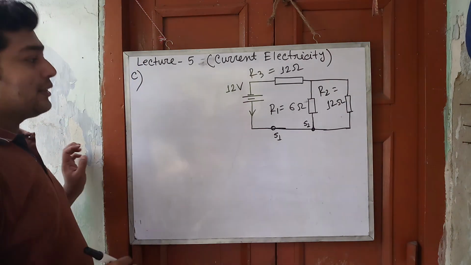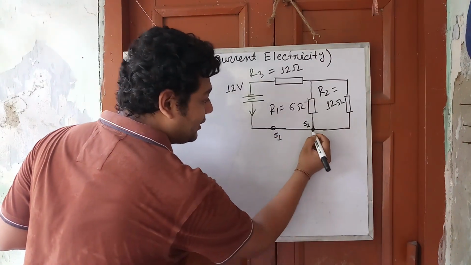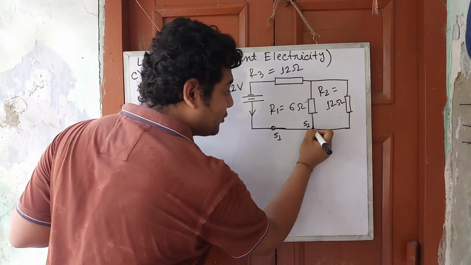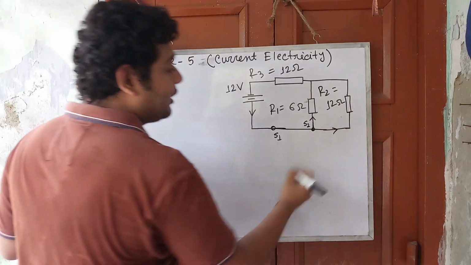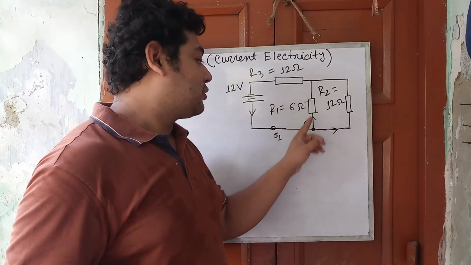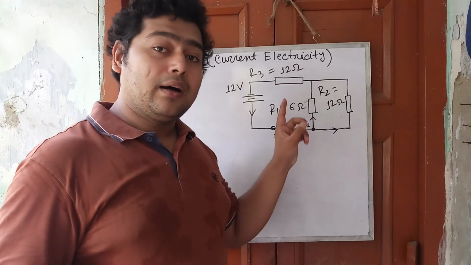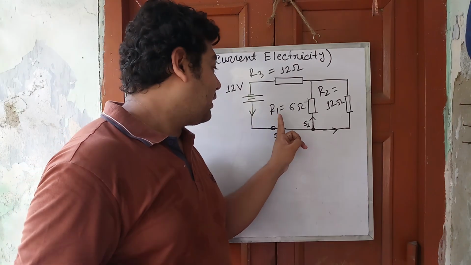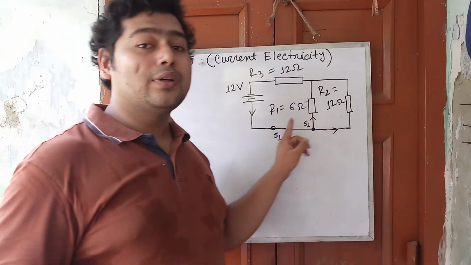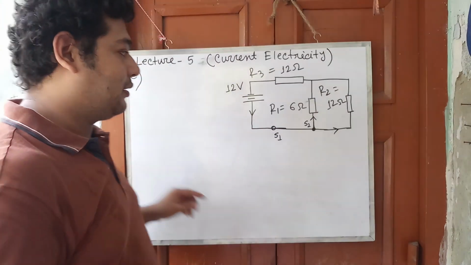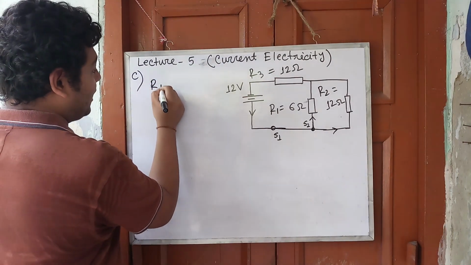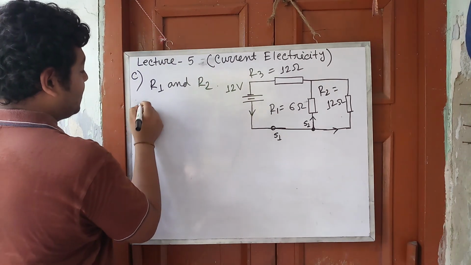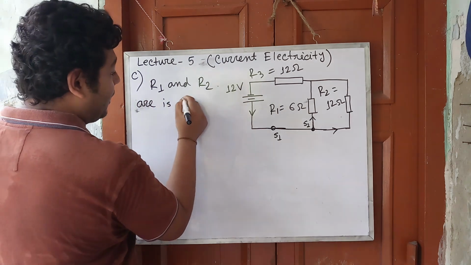Now we can see that the current is divided into two parts from our switch 2. According to our parallel circuit, the resistance R1 and resistance R2 are in parallel.